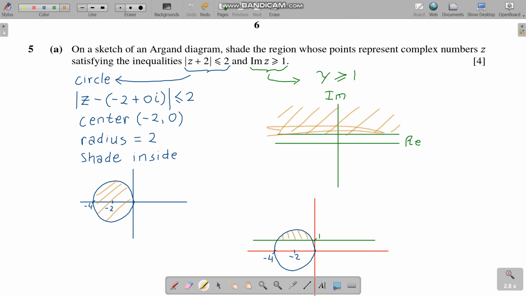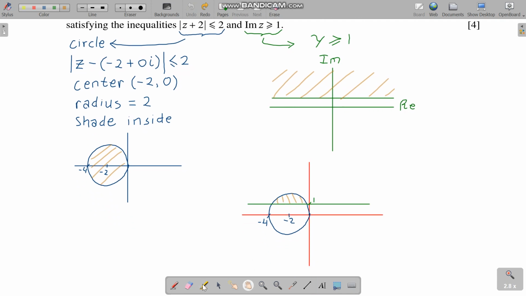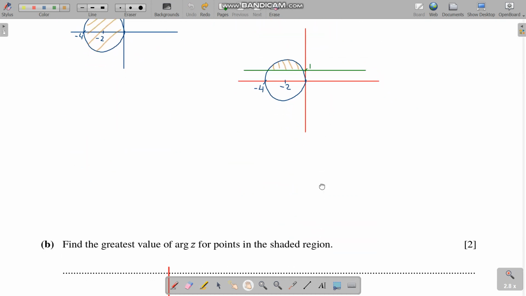This is the y equals 1 line, crossing the y-intercept 1. Greater than means we shade above this horizontal line. So we combine the two loci. We shade inside the circle but above the line, and label everything, all essential features of the graph.